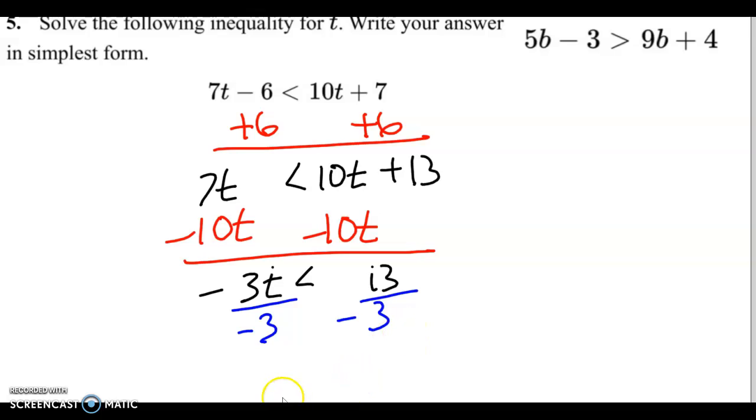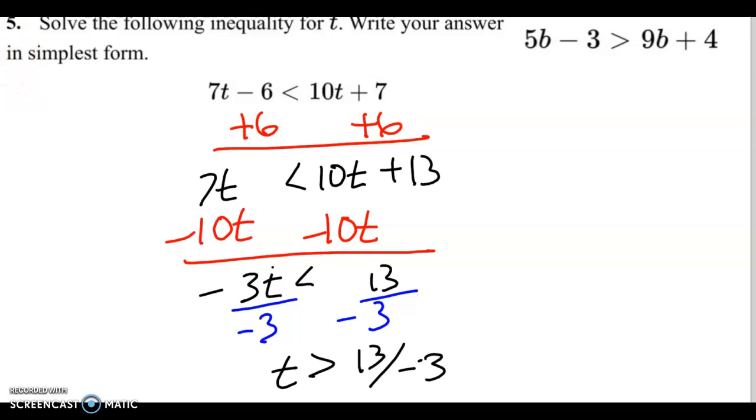You're dividing by a negative, so you're going to swap the inequality around. And this looks like I3, but it's just 13. Don't pay attention to that little dot there. And then you look to see if the 3 can go into 13, or if it can be simplified.